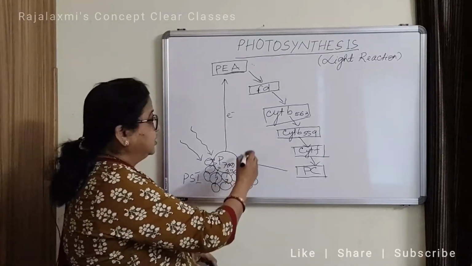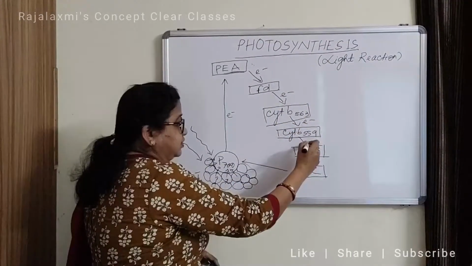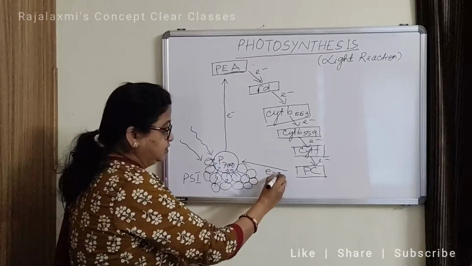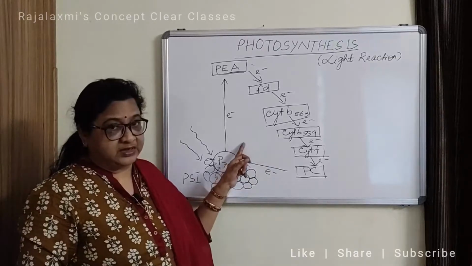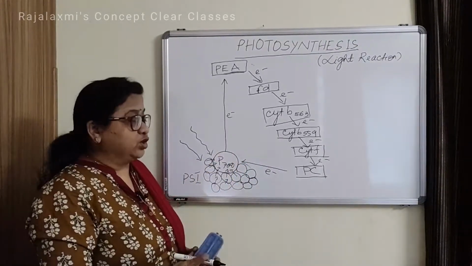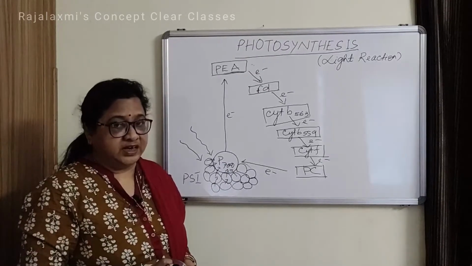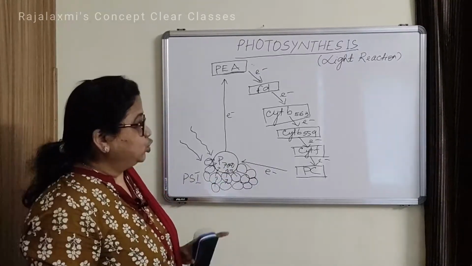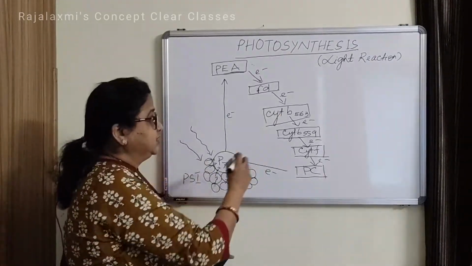So here the electron moves and makes a complete cycle, and during the course of its movement the light energy absorbed by this electron is contributed to ADP to synthesize ATP. And in this cyclic photophosphorylation, two molecules of ATP are formed at two steps.